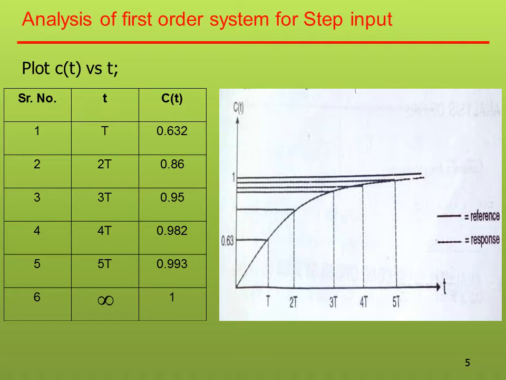Then we will get the c(t) values: for T it is 0.632, for 2T it is 0.86, for 3T it is 0.95, for 4T it is 0.982, for 5T it is 0.993, and for infinity it is equal to 1. So when we draw the plot, it looks like the plot given at the right side.